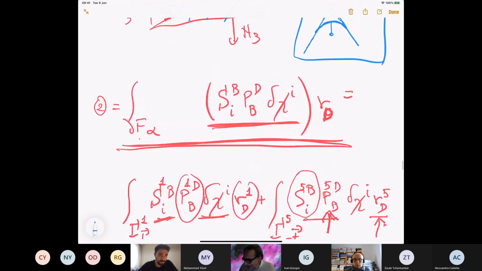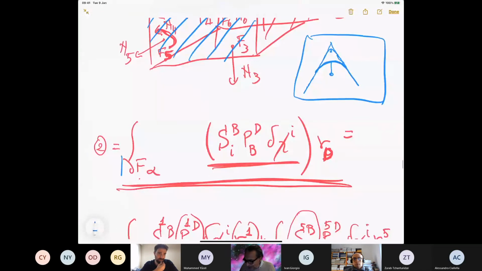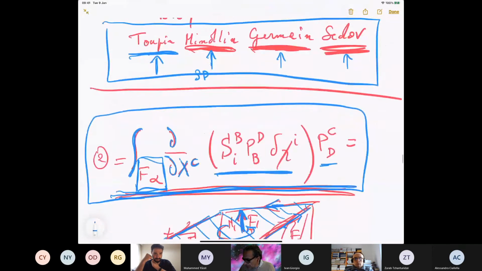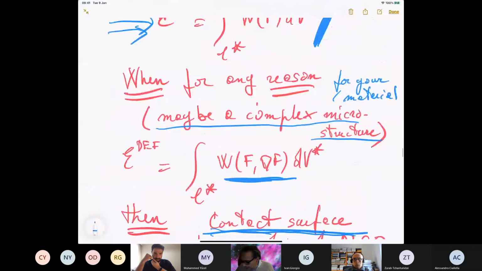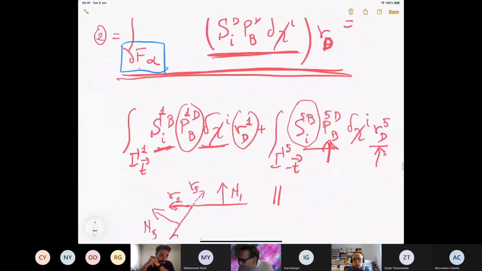So when I transform this integral on the surface into an integral on the boundary of the face, this boundary is made of gamma 1 union gamma 2 union gamma 3 union gamma 4 alpha. In this drawing, in this particular body, each face has exactly 4 regular curves as boundary.